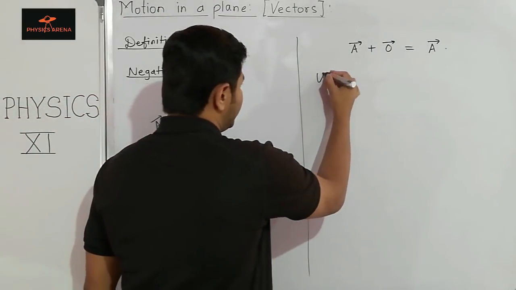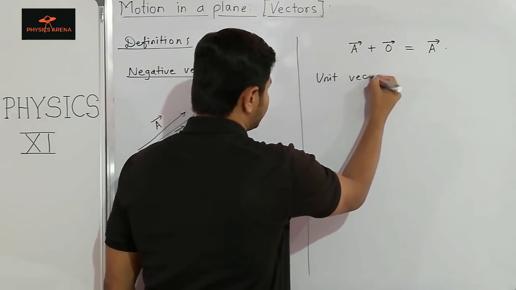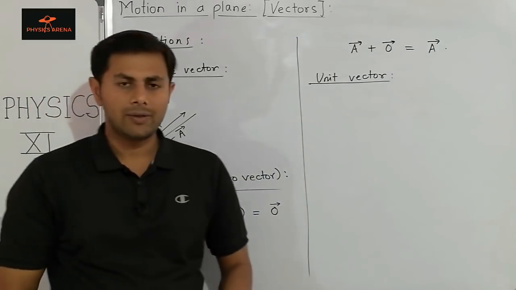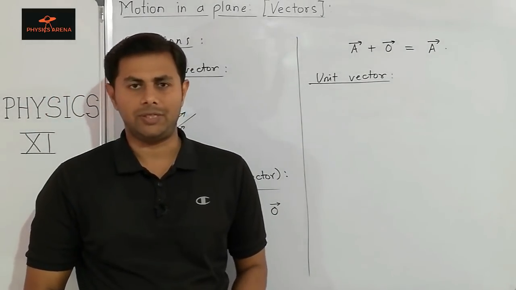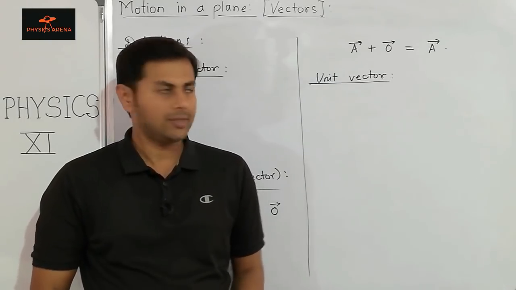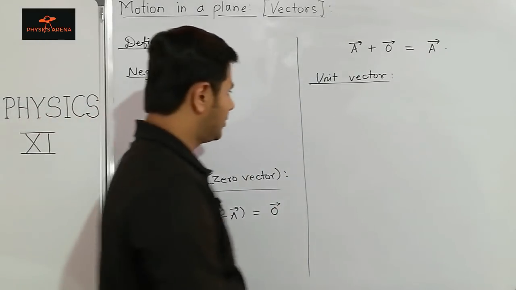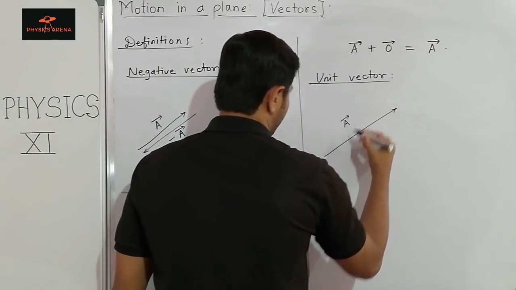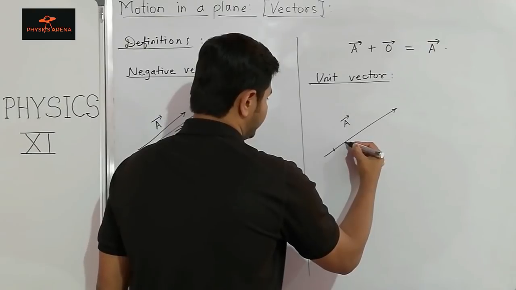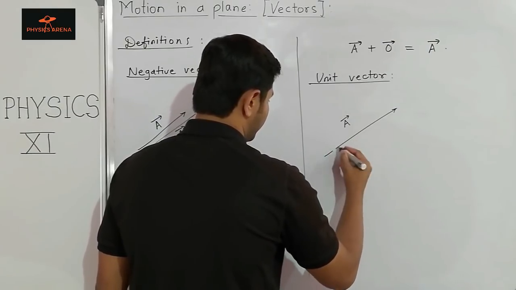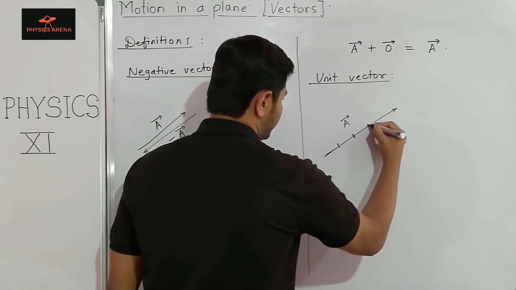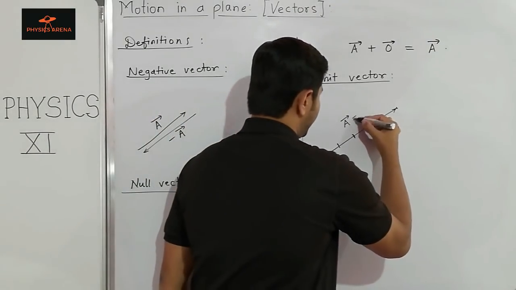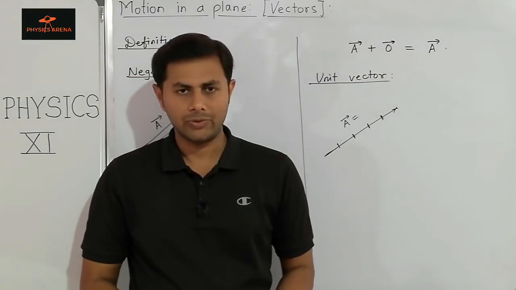The next we'll see is the unit vector. A vector which has a magnitude of 1 unit in a specific direction is called a unit vector. So suppose this is our a bar and suppose its magnitude is 5 units. 1, 2, 3, 4, 5. So a bar has a magnitude of 5 units.